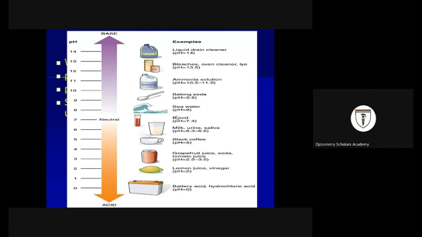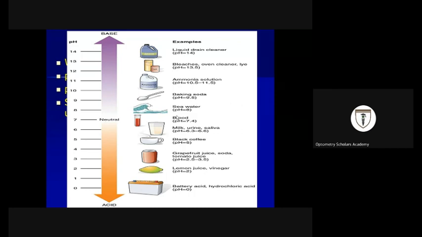So you see, human blood is on the neutral level, or on the same pH level as our tear film. And that gives us the reason why our tear film has the same pH as our blood, because the tear film is a filtrate of the blood.